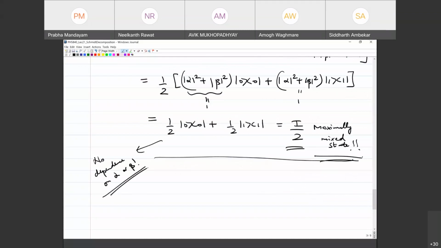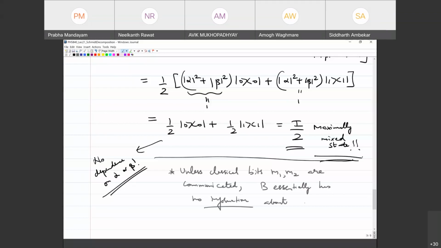So until the classical bits are communicated, so unless the classical bits M1, M2 are communicated, B essentially has no information about the unknown state psi, which is to be teleported.